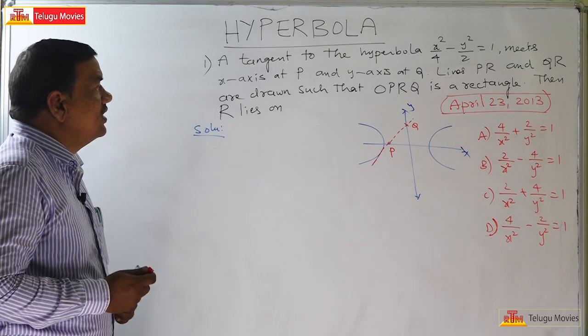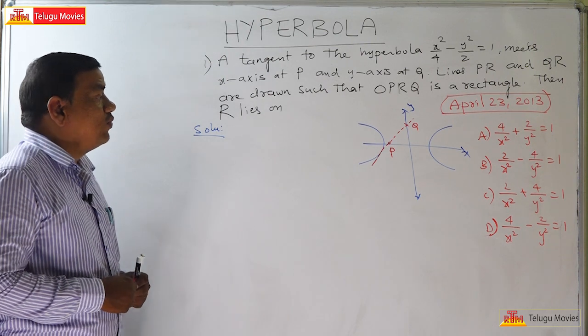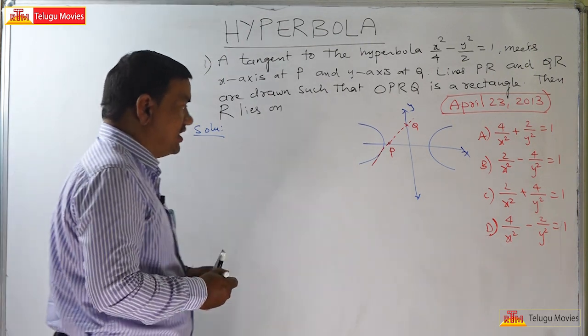Now the lines PR and QR are drawn such that OPRQ is a rectangle. Of course, here O is the center.